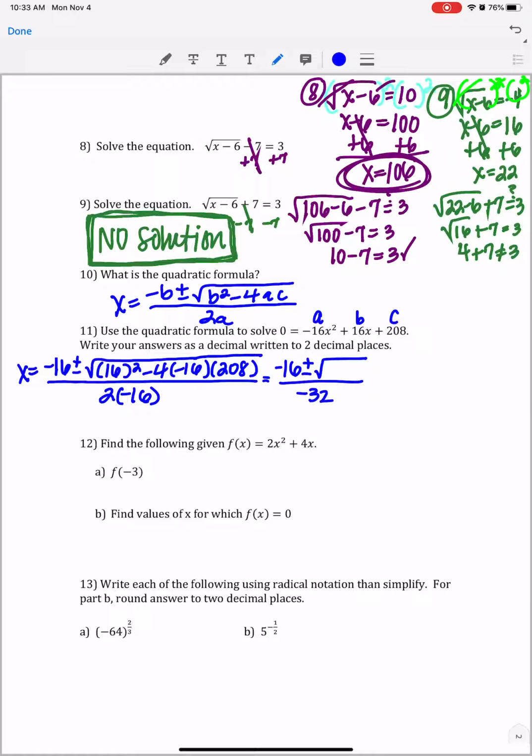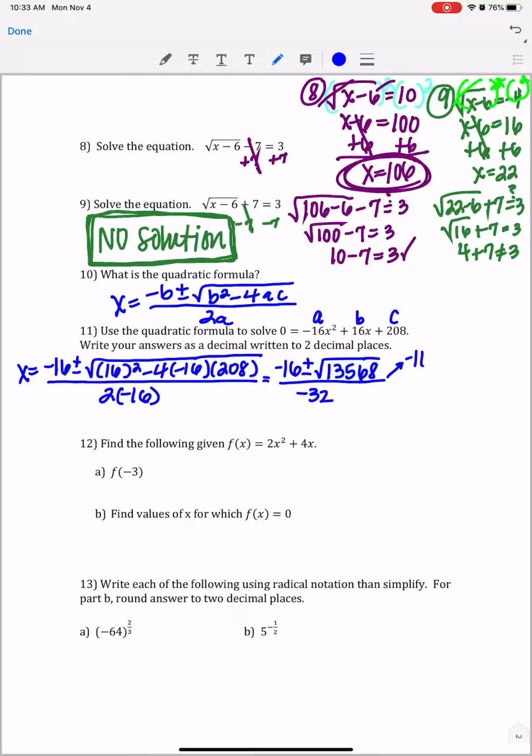And we get 13,568. Okay, now this is not a perfect square, I don't think. No. So, split this up.